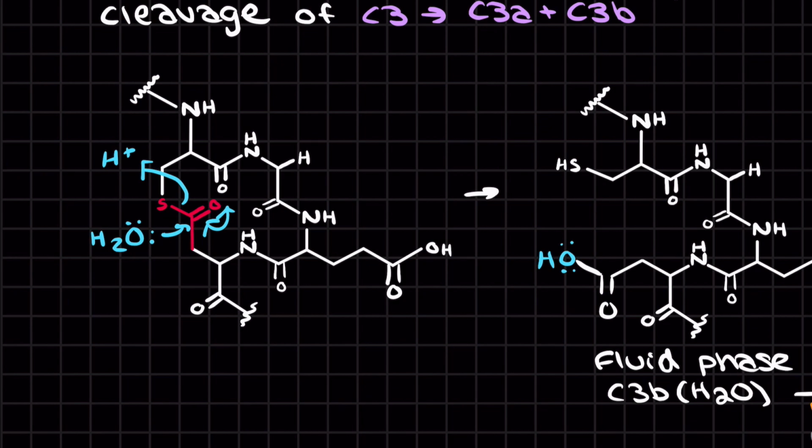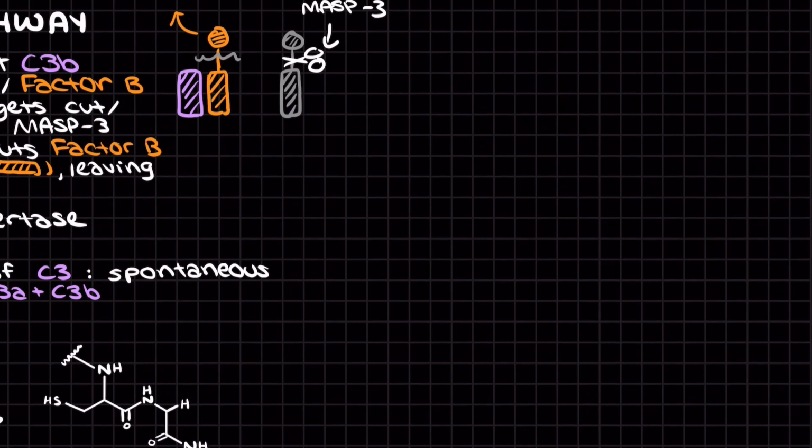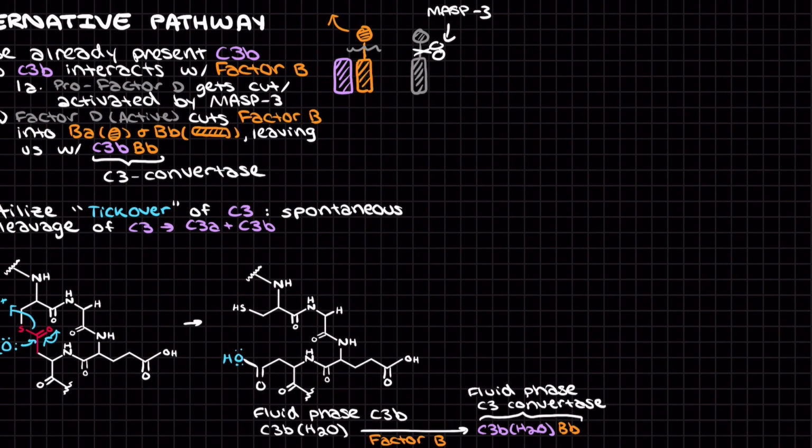And so this doesn't become a problem. However, if instead of the water, it is the surface of a microbe that attacks the thioester, then the C3b will adhere itself to the surface of the microbe, and then the opsonization pathway continues, which will eventually lead to phagocytosis.